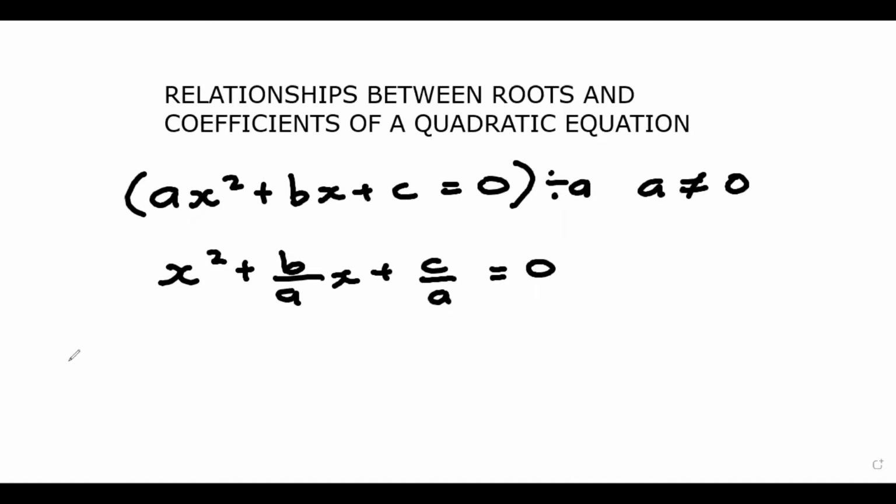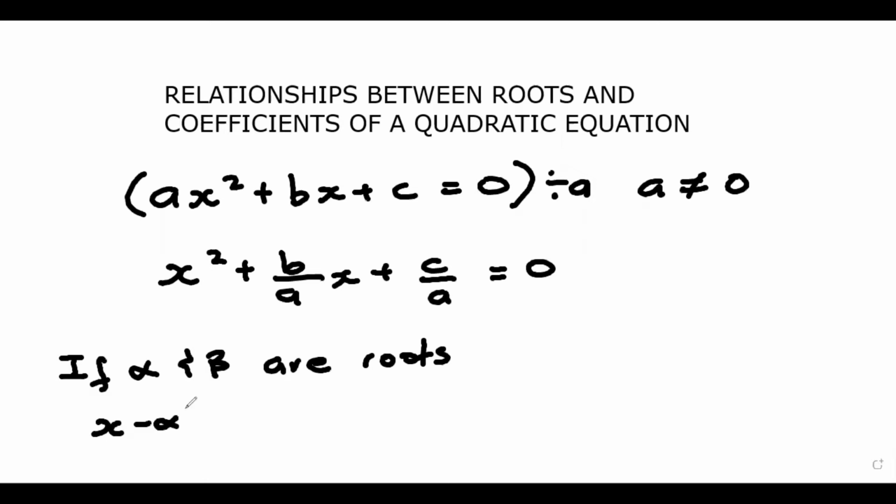Now let's say that if alpha and beta are the roots of this equation, then x minus alpha and x minus beta are its factors.